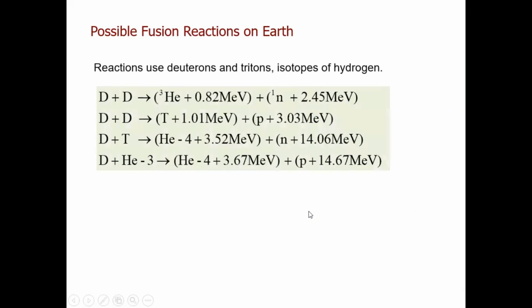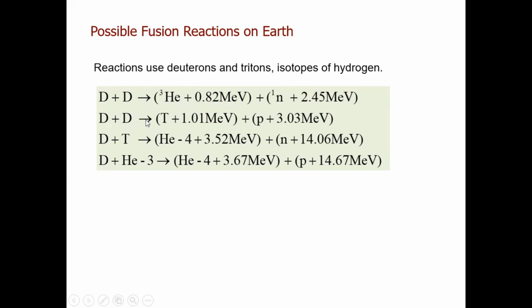Now we look into the possible fusion reactions on Earth, the fusion reactions that employ deuterium and tritium, which are isotopes of hydrogen, as shown here. The D and D, which are hydrogen isotopes, combine together to form helium-3 and a neutron.